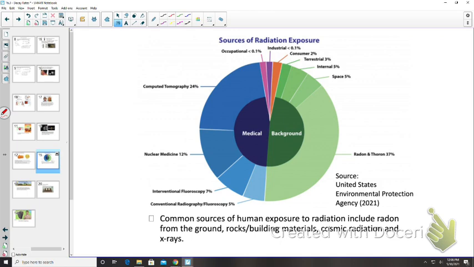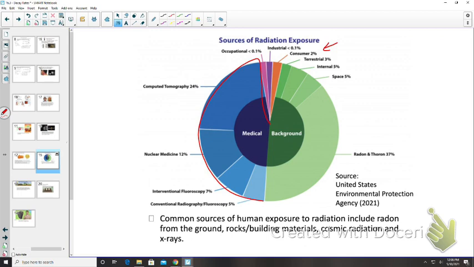I was actually really surprised at the consumer category. That would be iPads, cell phones, computers, and stuff like that. I was really surprised that it only made up 2% of radiation exposure. We also have industrial and occupational exposure. And then the other big one is medical scans, right? So computed tomography, those are CT scans.